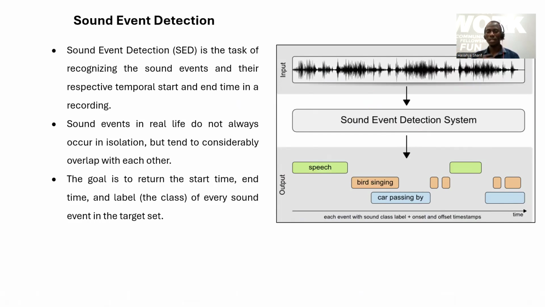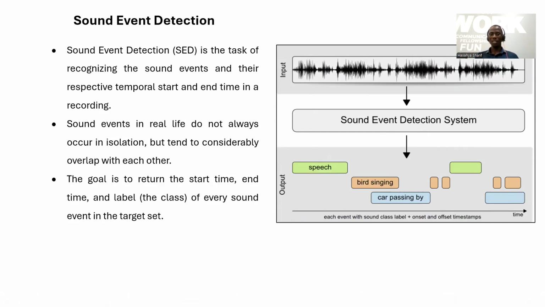We take, for instance, a real life example where we are having humans giving us speech, then you are having birds singing, then you're also having cars passing. So the sound event detection should be able to recognize that this speech is from a human being, then this is the sound of a bird singing, then this sound is maybe for a car passing, and so on and so forth.